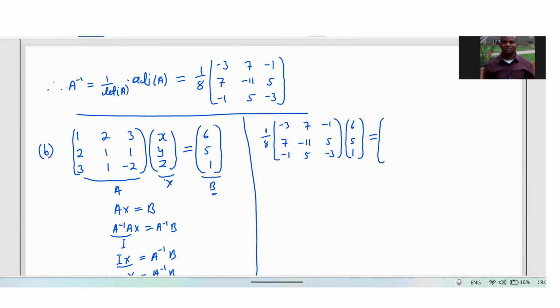So rows by columns. We're going to have -3 times 6, which gives us -18, plus 7 times 5, which gives us 35, plus -1 times 1, which is -1.